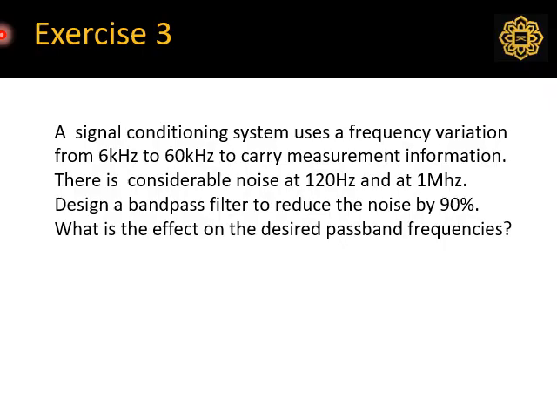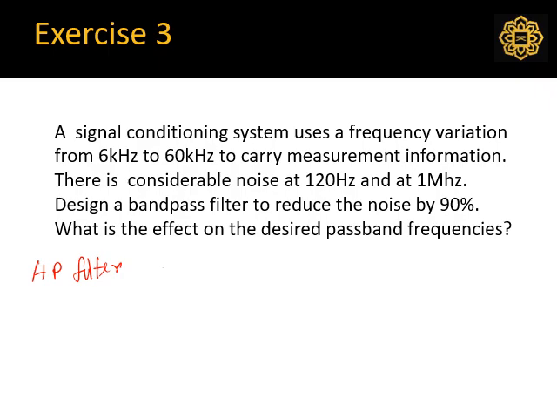So you have to reduce noise at 120 hertz and 1 megahertz by 10%. First you have to design a high pass filter. So we design the high pass filter first.